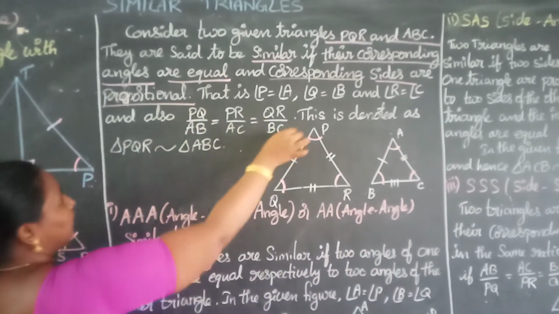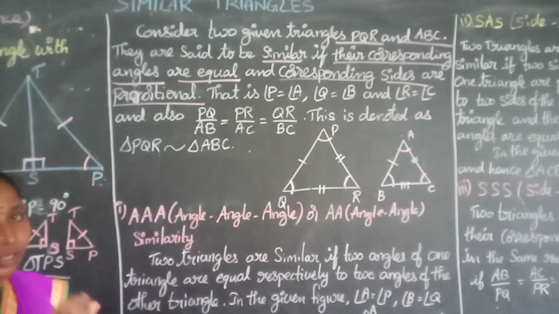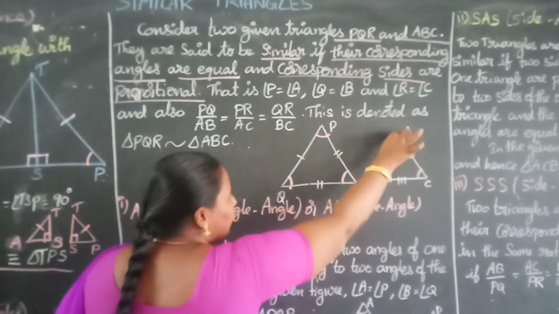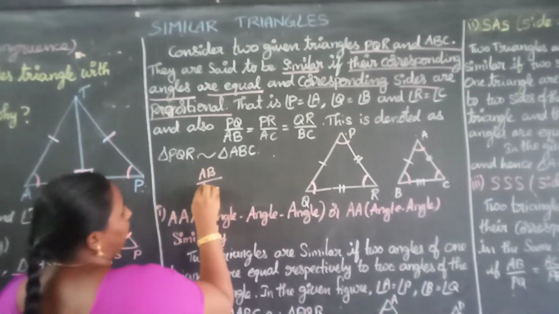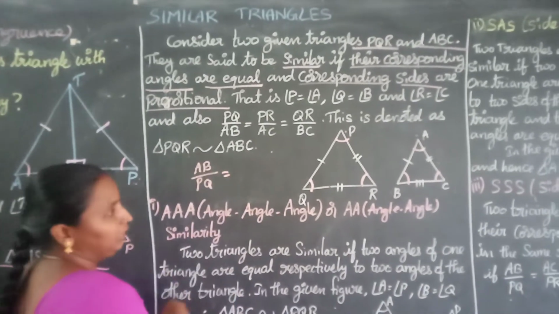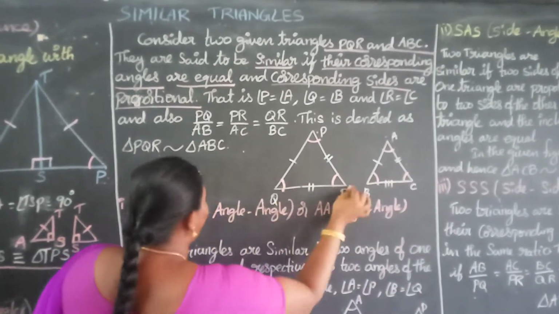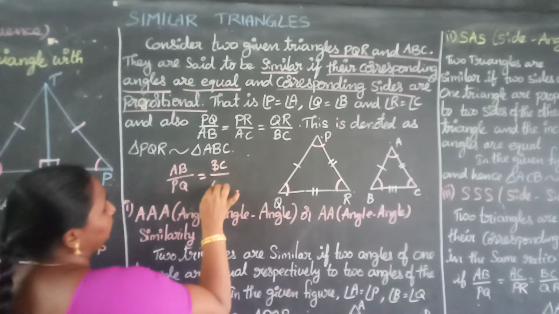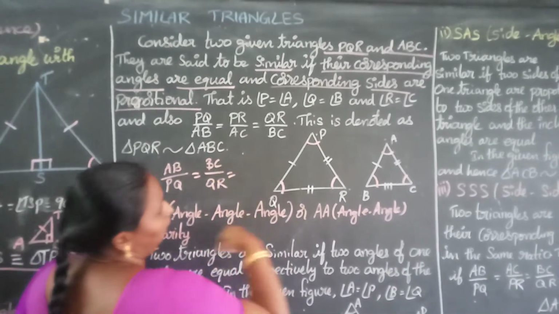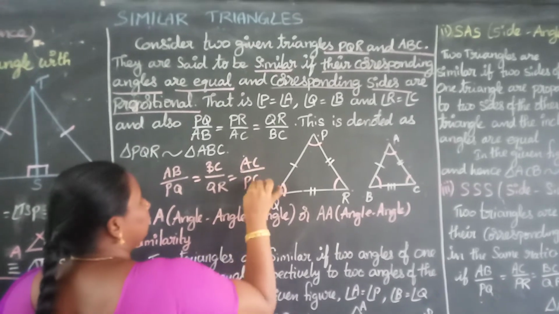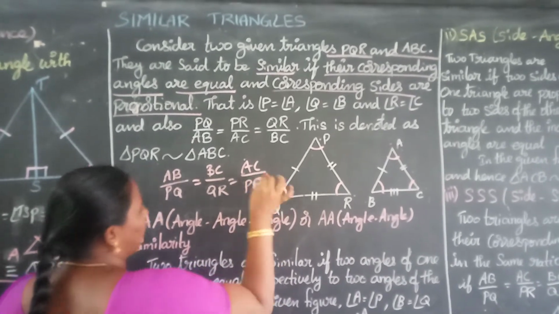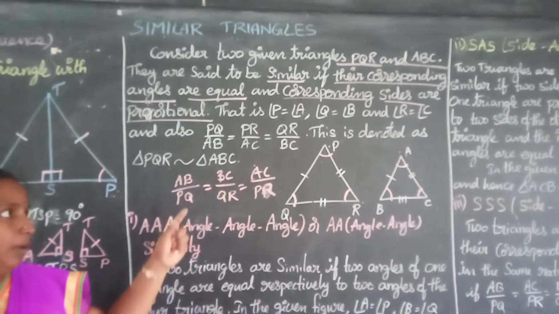They should be in the same proportion. You can also write it as AB by PQ equal to BC by QR equal to AC by PR. This is also the same.